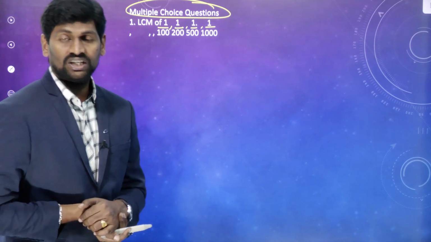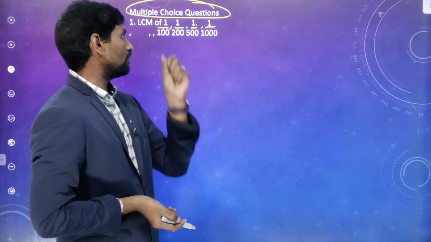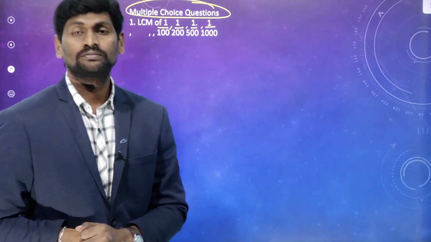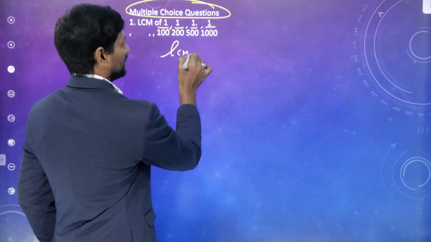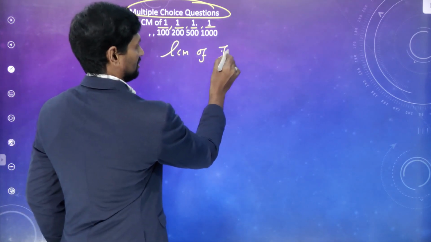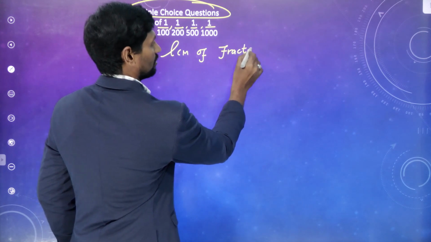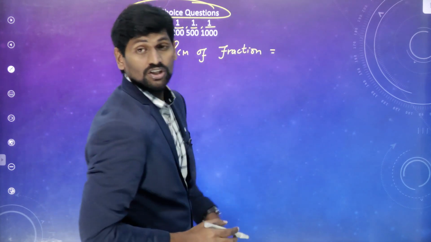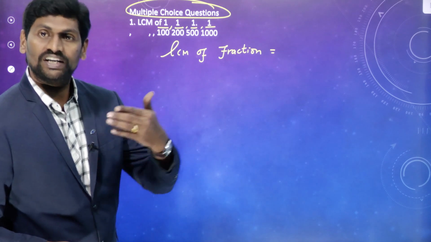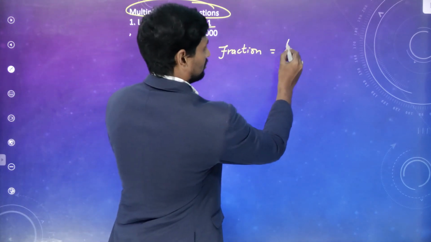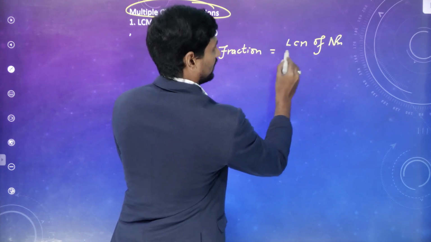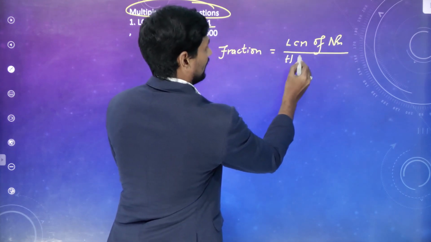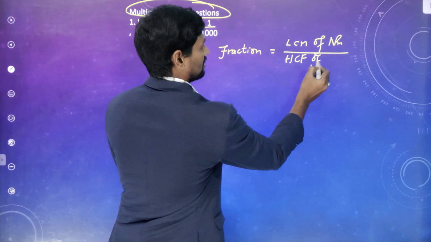LCM of 1 by 100, 1 by 200, 1 by 500, 1 by 1000. Now LCM of fractions. How to do the LCM of fractions? Very good. What is that formula? LCM of numerators by HCF of denominators.